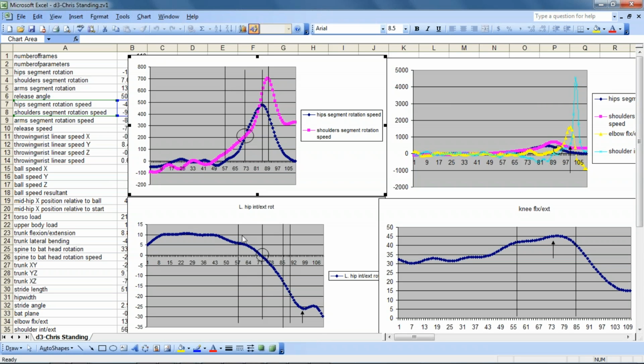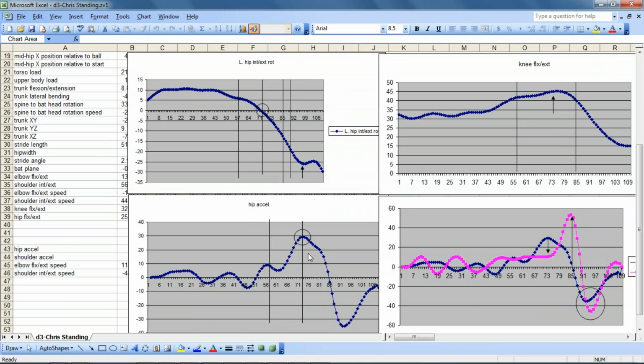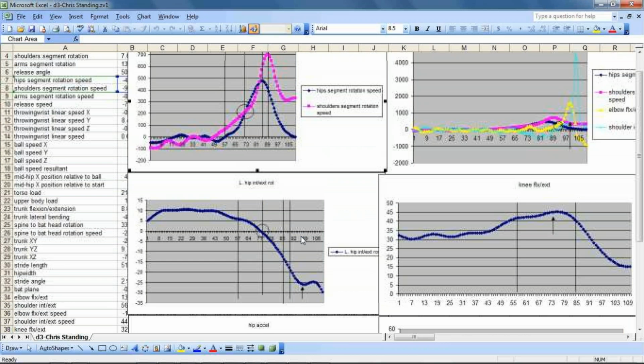But it's pretty neutral. As soon as you start to accelerate into counterclockwise pelvic rotation, this would be a right-handed throw, you'll see a sharp turn into internal rotation at the point of maximal rotational acceleration of the pelvis, which would be here at frame 73. So you have your hip or pelvic transverse rotation peak speed occurring at 73.